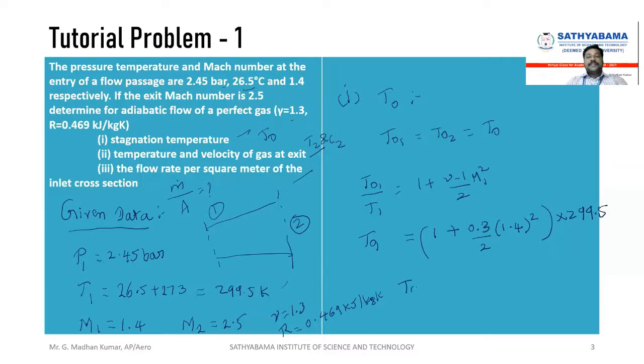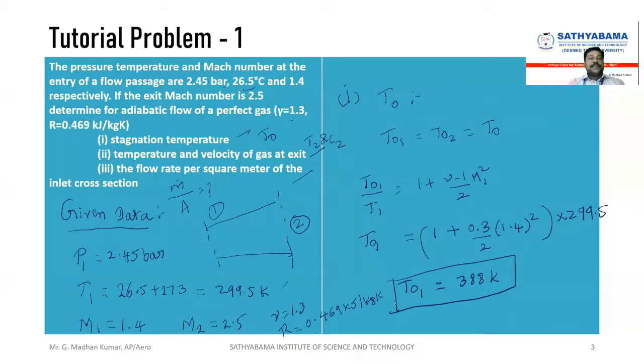Now estimate the value of T01. Yes, very good. Sebastian is very fast in answering. Very good. Yes, T01 is 388 K. Second time you are also good. That's good. So this is your T0, right?